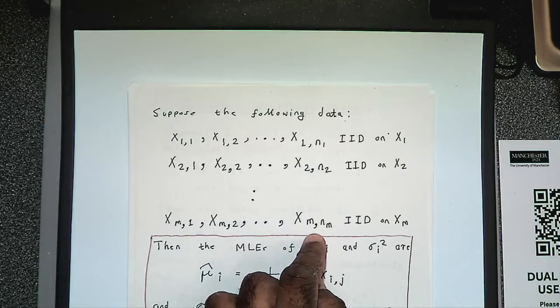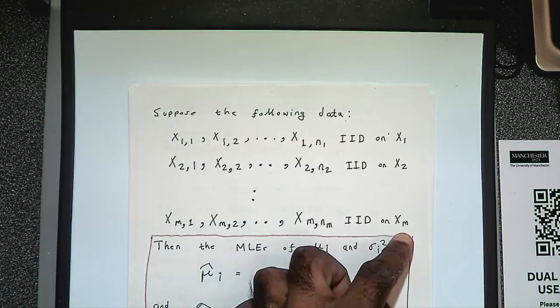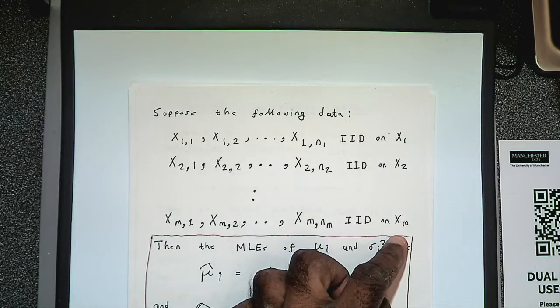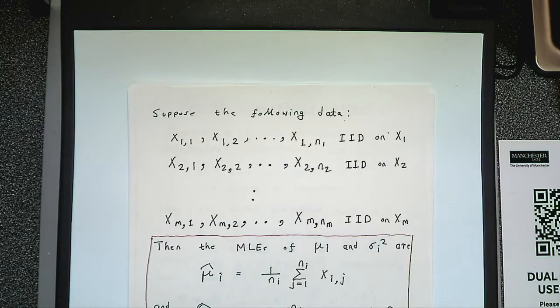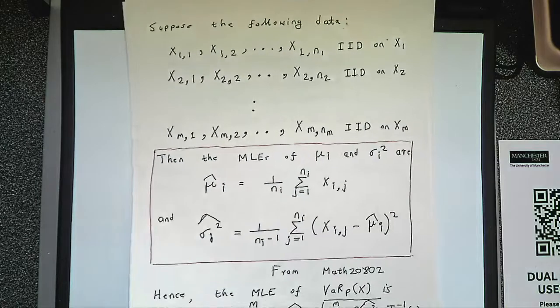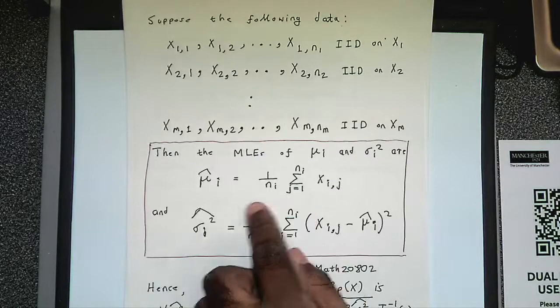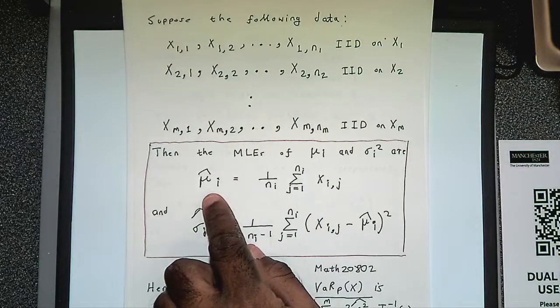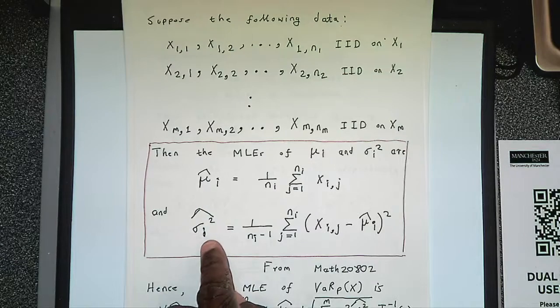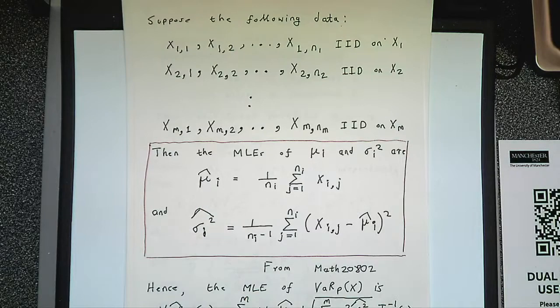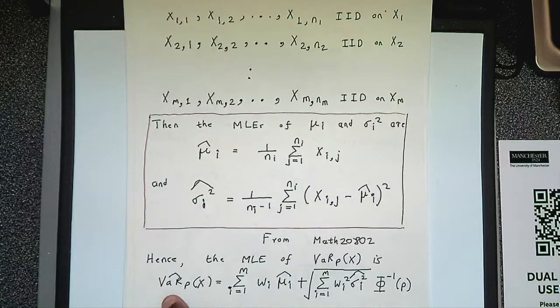Suppose you have this data on XM, which is the loss on the Mth investment. Then you should know from stat methods that this is the estimate for mu hat i, and this is the estimate for sigma i squared. So hence the MLE for VaR is given by this formula here.